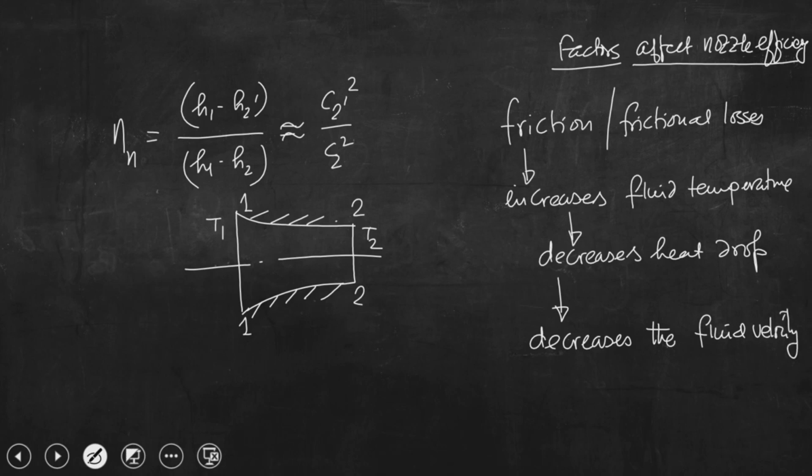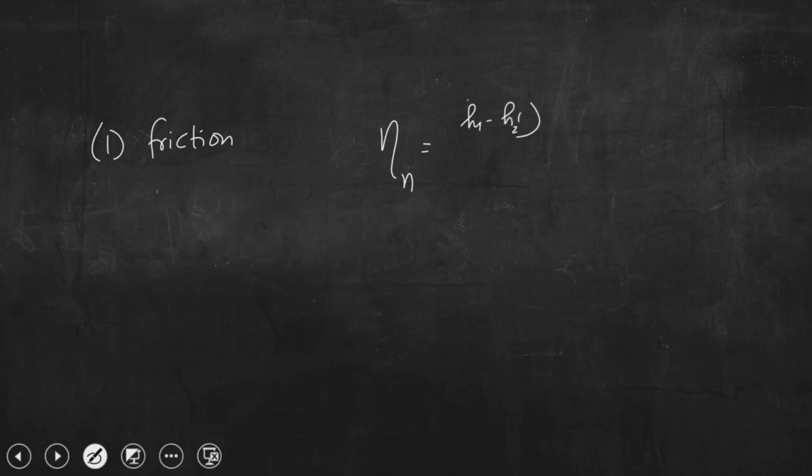Let us quickly review the effect of friction. Number 1, friction. If friction increases, heat drop will reduce, and velocity of steam at the exit will reduce. So, if we write eta nozzle equal to H1 minus H2 prime divided by H1 minus H2, that is nothing but C2 prime square divided by C2 square.